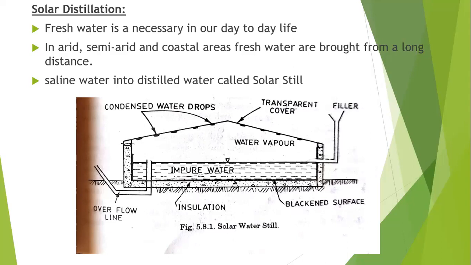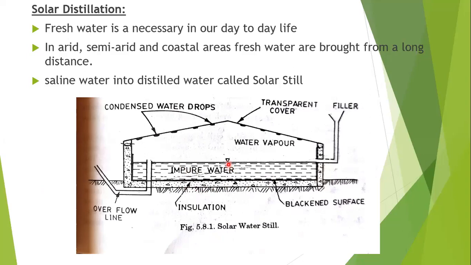This solar still is seen in the figure. Using the distillation process, water heated by solar energy can be made into pure water. In the diagram, this is the impure water, and this is the insulation, above which we see a blackened surface.